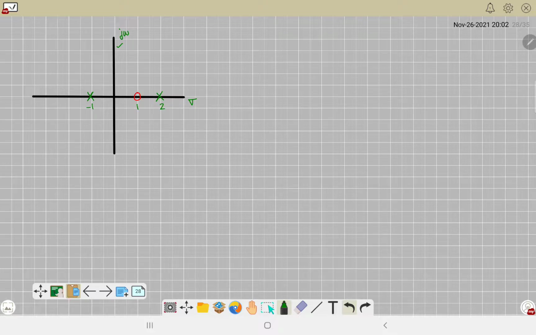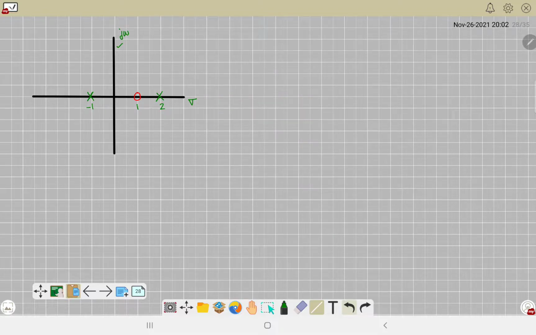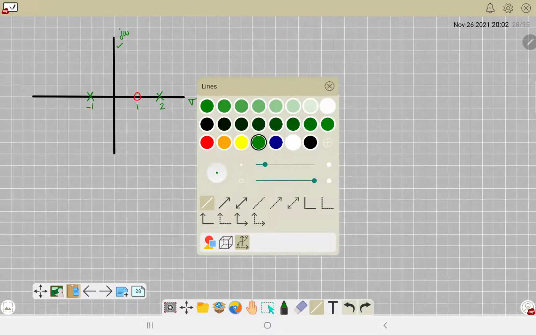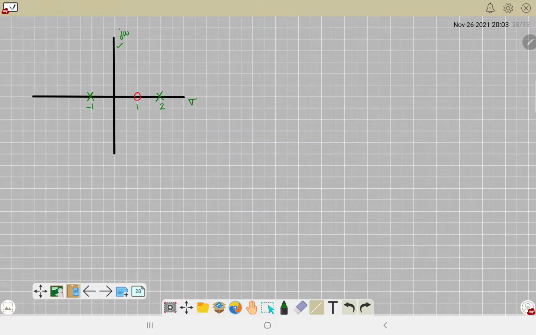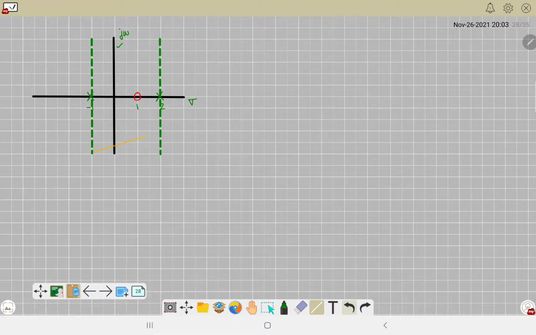Now since the j omega axis should be a part of the ROC, and the first property of the ROC says it cannot include poles, it obviously means that for stability of the same system, your region of convergence should be this strip from here to here.